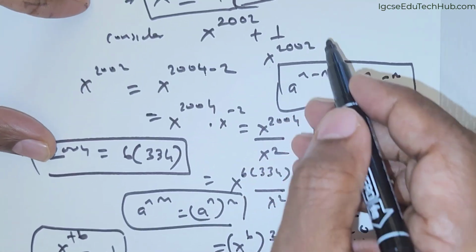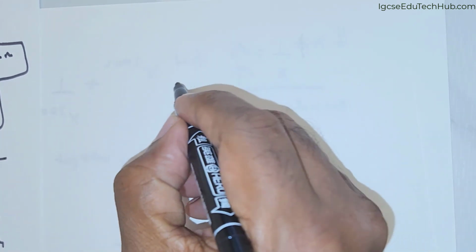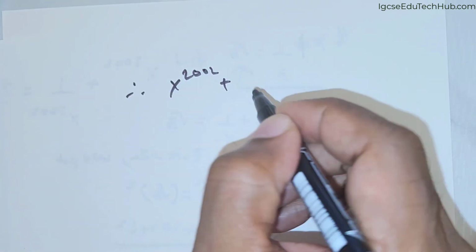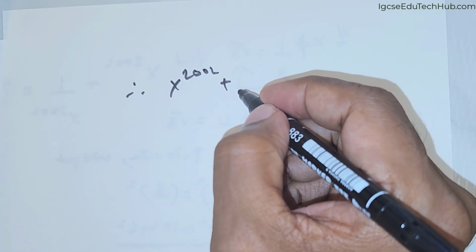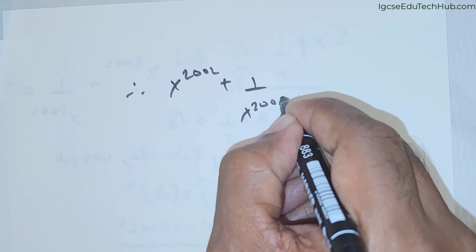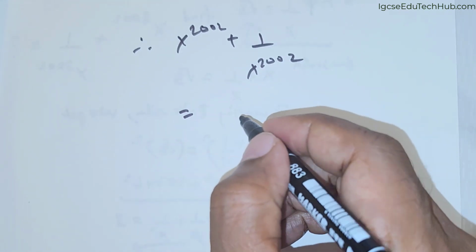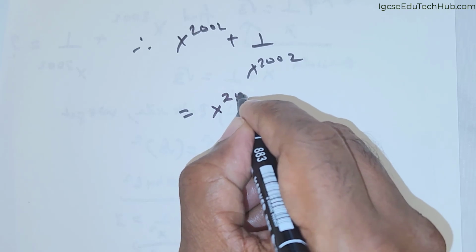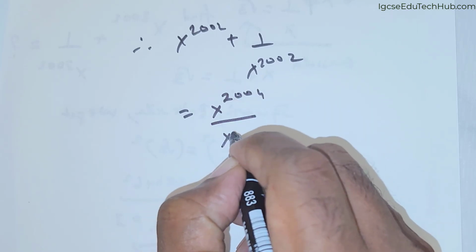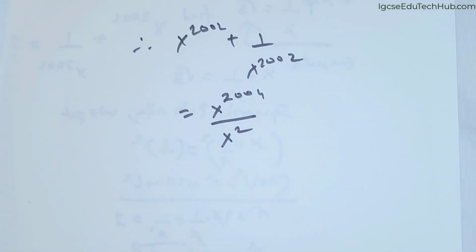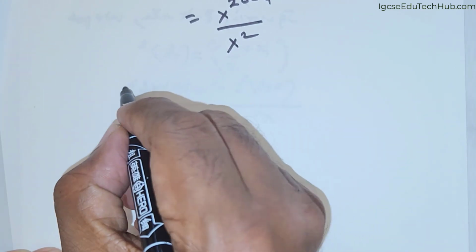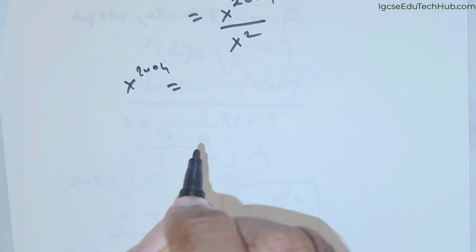So let me go over here to this. I'm going to utilize this: x raised to the power of 2002 plus 1 over x raised to the power of 2002 has been written as x raised to the power of 2004 divided by x squared, and x raised to the power of 2004, what did we do?